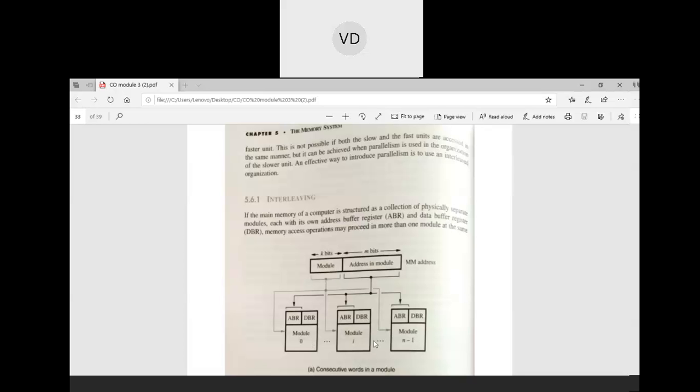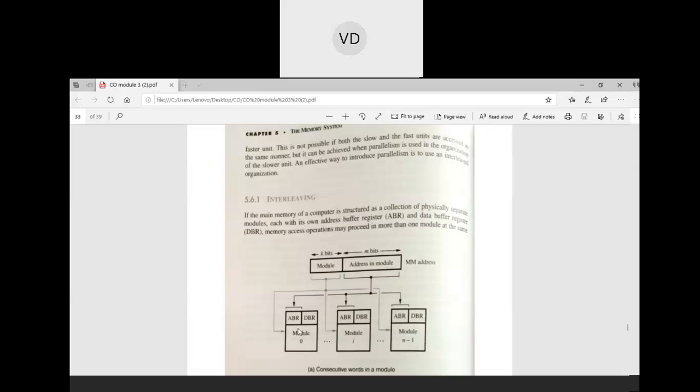That is why we divide the main memory into modules: different parts can be accessed at the same time. When different modules are active simultaneously, execution becomes faster.